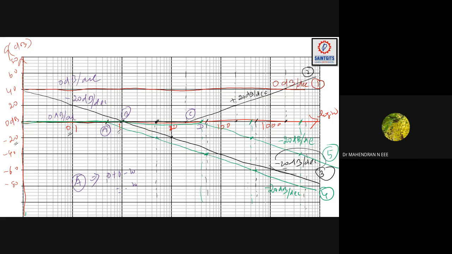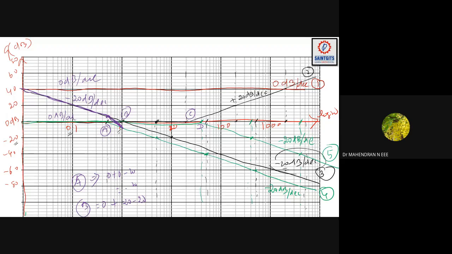So up to this it will be minus 20, so I can draw like this. Then after this it is minus 20 up to B. So at B, I can say 0 plus minus 20 and minus 20, so it can be drawn like this.